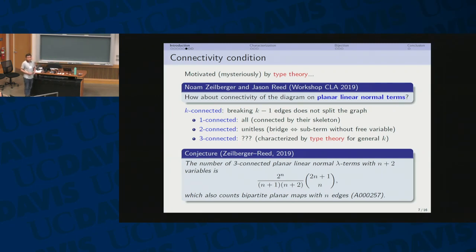Now for three-connected, they didn't give a combinatorial characterization, but they did give a characterization in type theory. As you know, that's not very useful for combinatorial purposes.